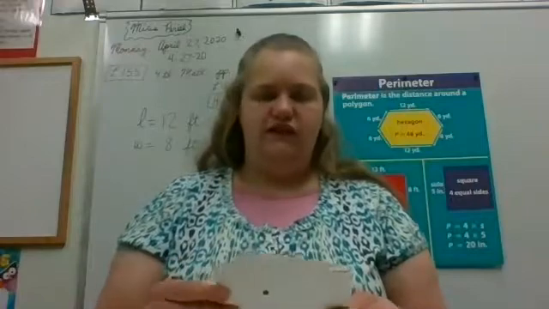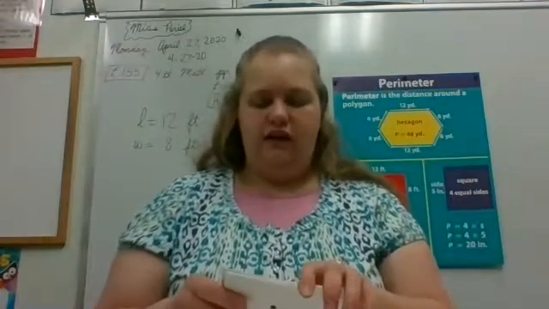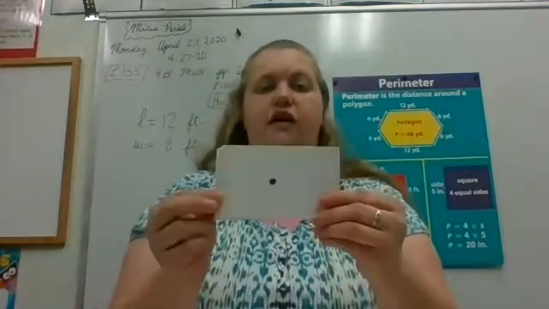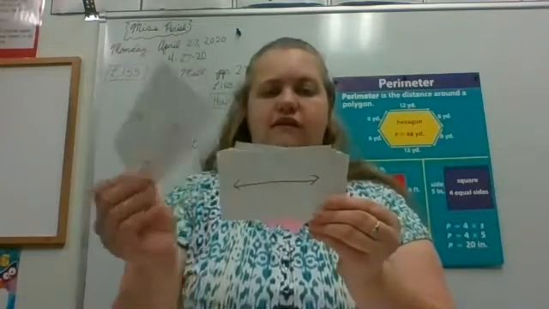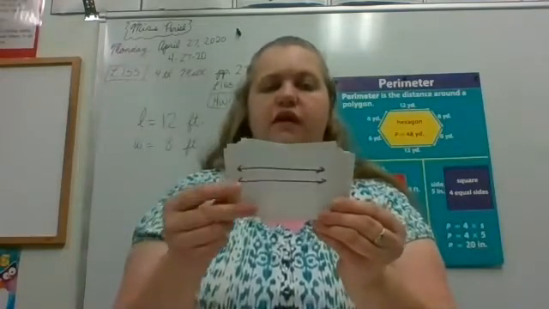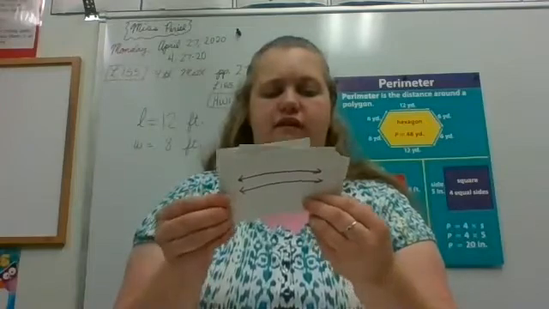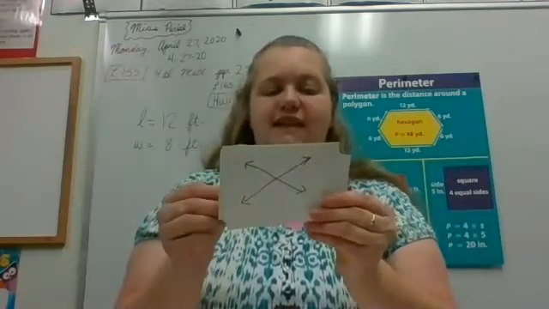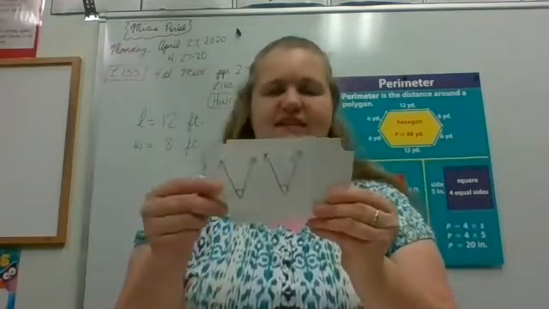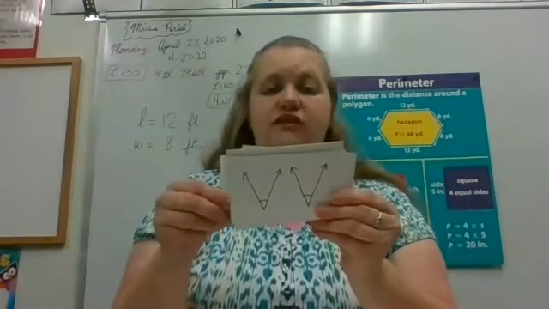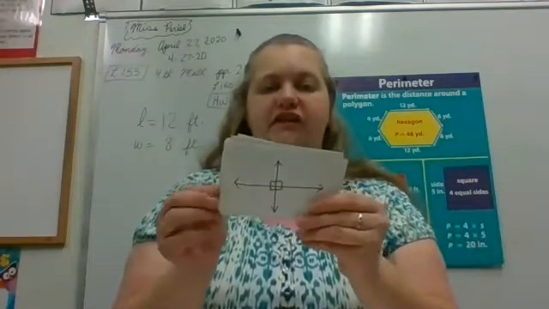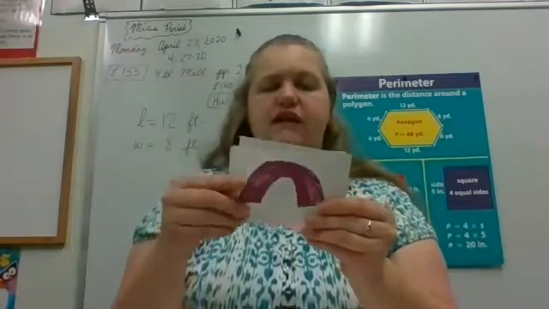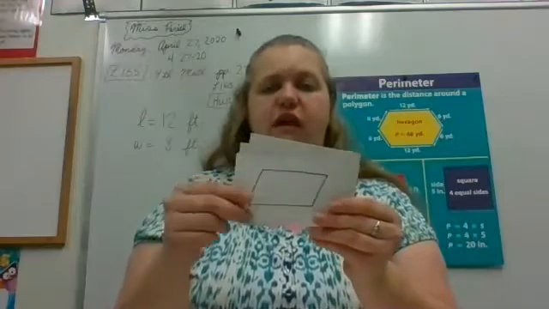I will just put it up there and I'll give the answer, okay? Point, ray, line segment, line, angle, parallel lines, intersecting lines, congruent angles, right angle, perpendicular lines, simple closed figure, polygon.